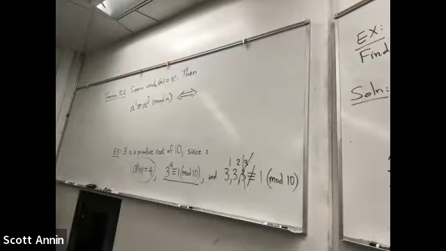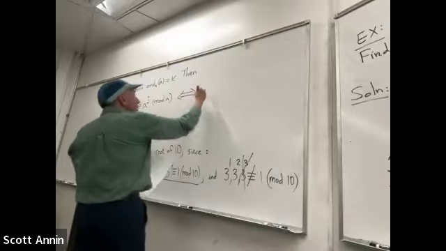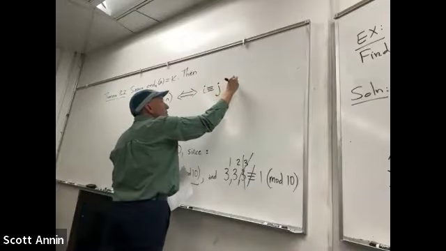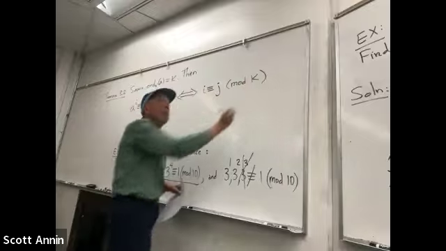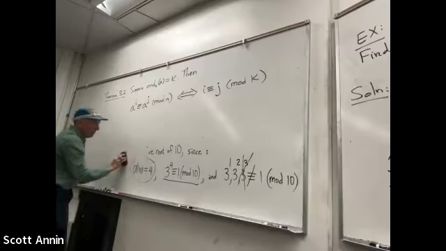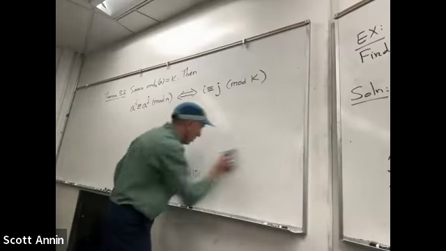This clock has only k different directions that go around the wheel there. So this is if and only if. I bet you can fill it in. i should be congruent to j, but in mod k instead, right? This is a wheel of mod k spokes, I guess you can call it.